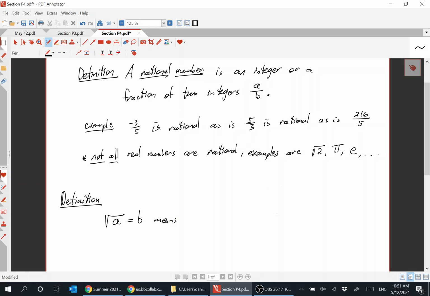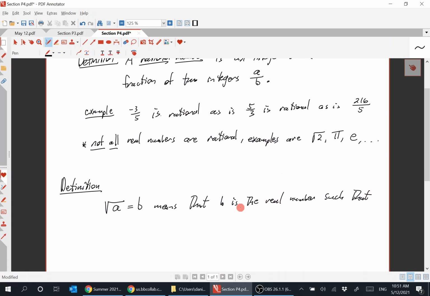What does this mean? The square root of a equals b means what? b is the real number such that what?